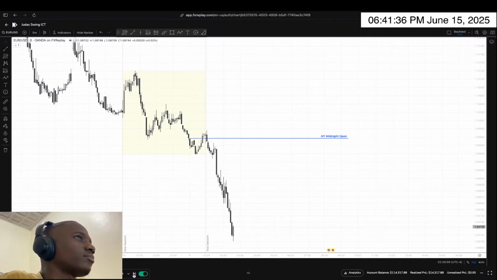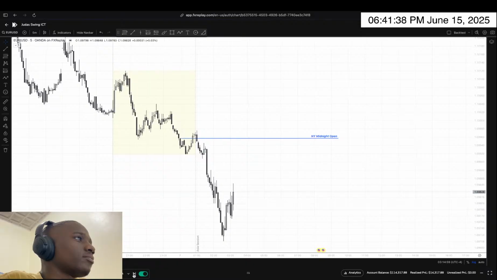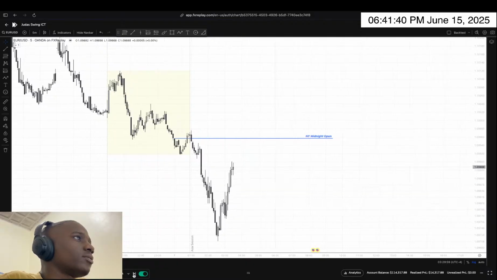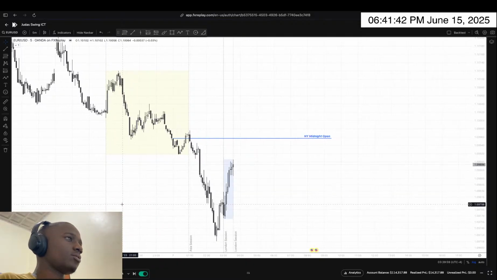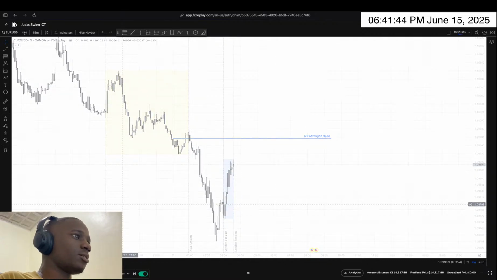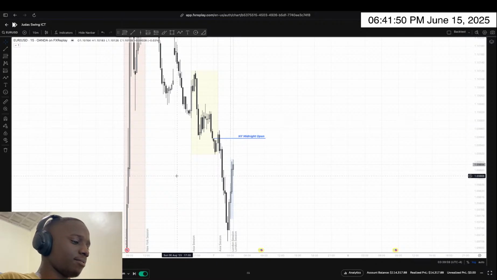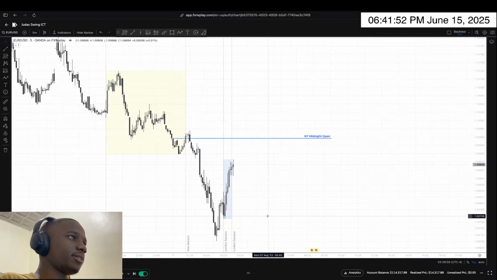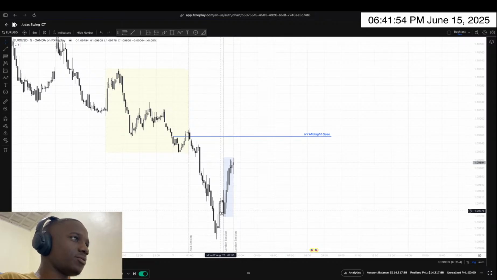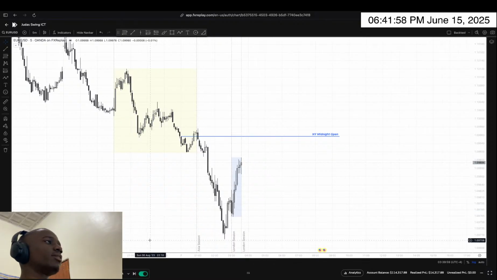So let's see what London does. You can see London opens and pushes really high, starts to fly, and going back to the 5 minute, you can see that it reacted. London reacted off of this FVG, but no entry so far.